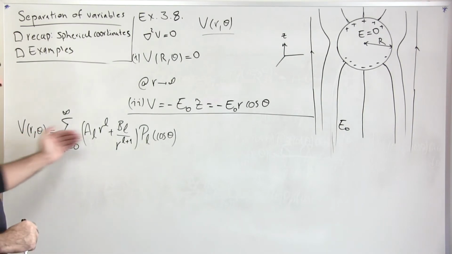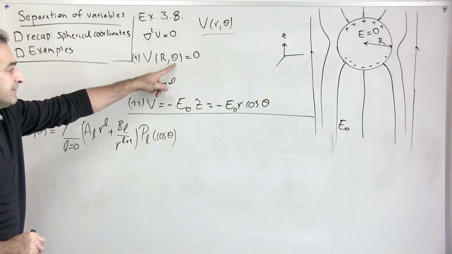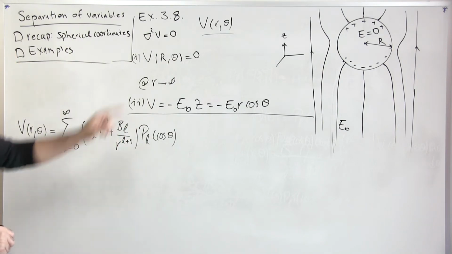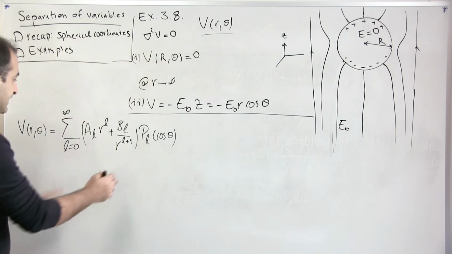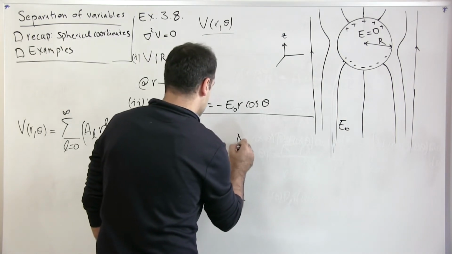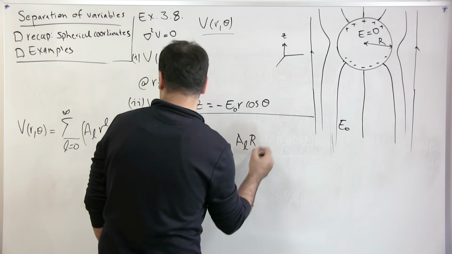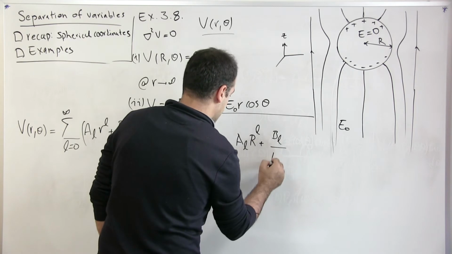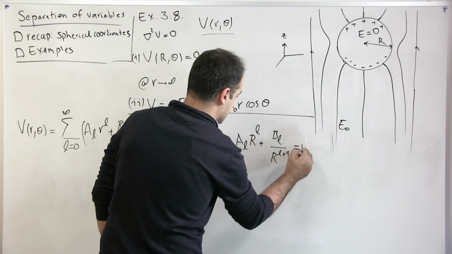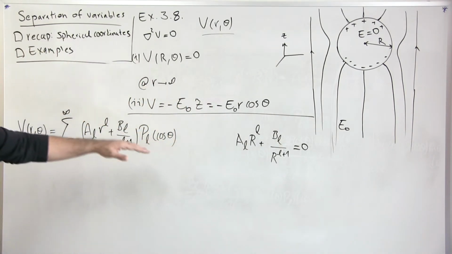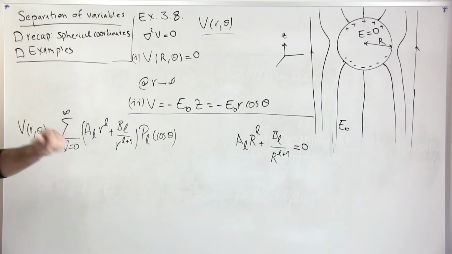And if we want to keep it 0 at all theta values, that means the coefficient, combining these two terms, must be 0 at r equals capital R. Meaning that for all values, AL capital R to the power of L plus BL capital R to the power of L plus 1 must be 0. This is the only way we can ensure that at every theta, the potential is 0 on the surface.